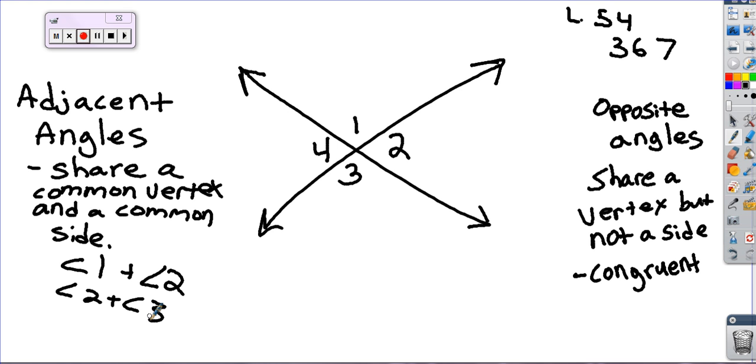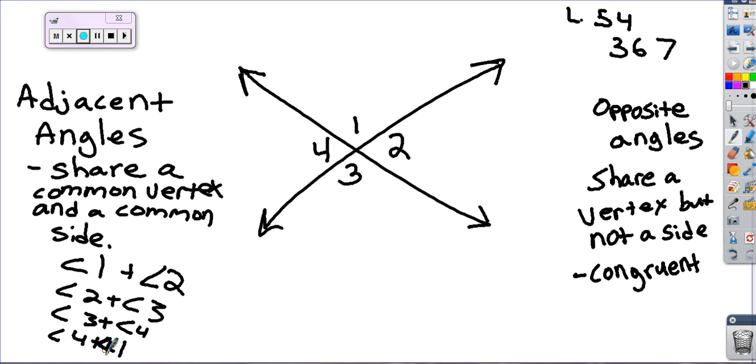Angles 2 and 3 also share a common side. Angle 3 and 4 does as well. And then also 4 and 1.